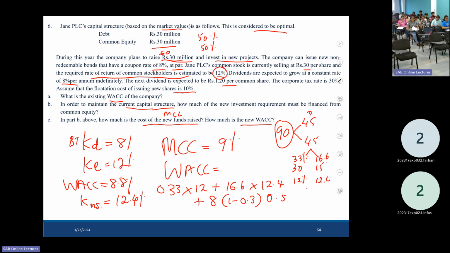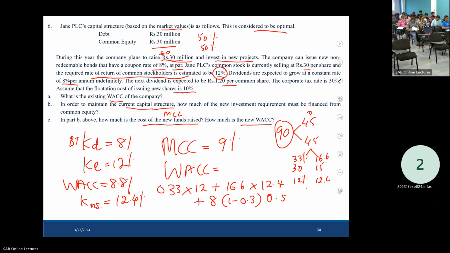So then how much will be the cost? $13. So this is the new WACC, the new weighted average cost of capital.